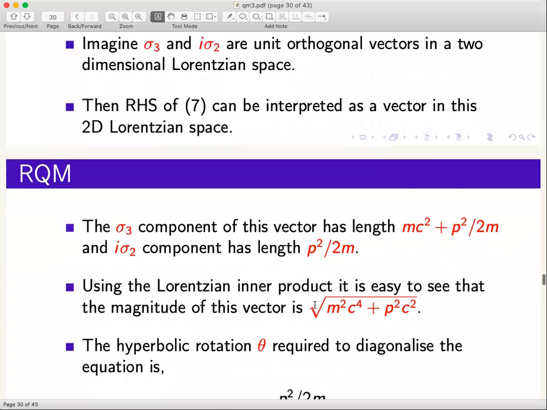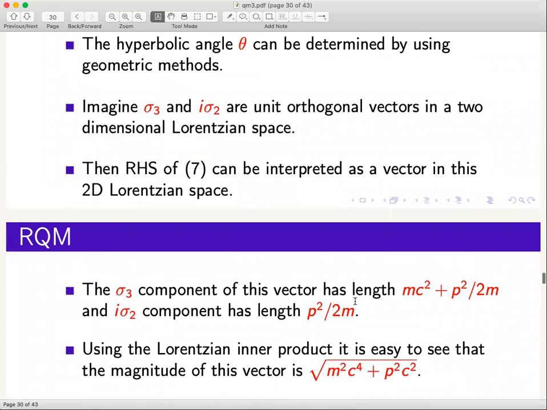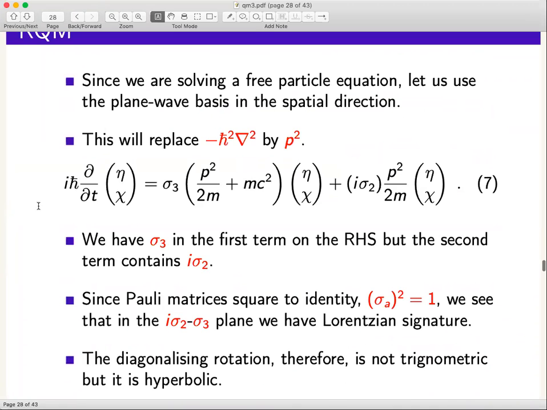You can check by a straightforward calculation that the length of that vector is actually square root of m squared c to the 4 plus p squared c squared. Now you would say, what's the big deal? This is what we would have expected anyway. And of course there is no big deal. After all, that is the energy eigenvalue that you want, and this equation, i h bar del t, would have given you energy. So the right hand side better give you square root of m squared c to the 4 plus p squared c squared.